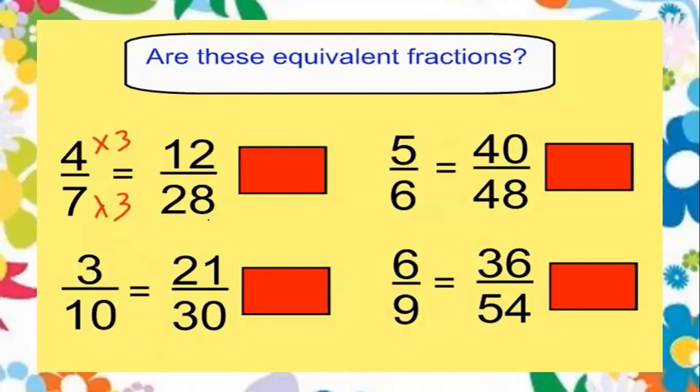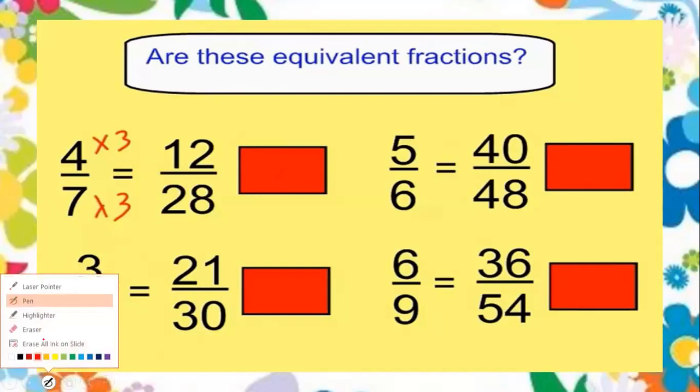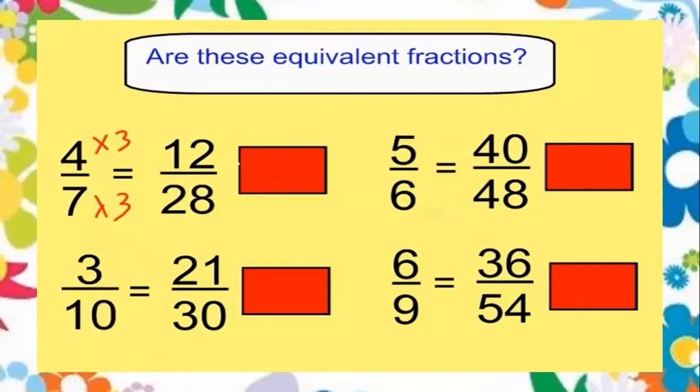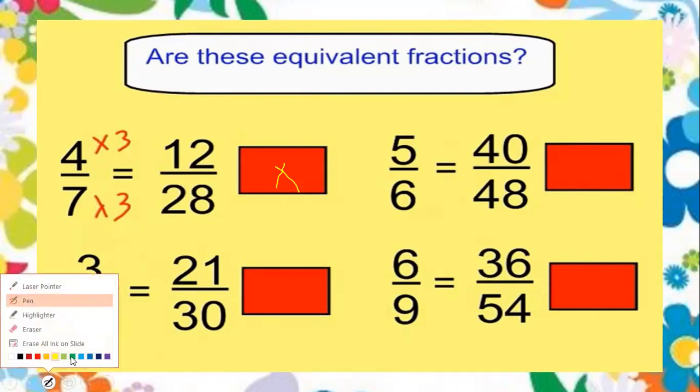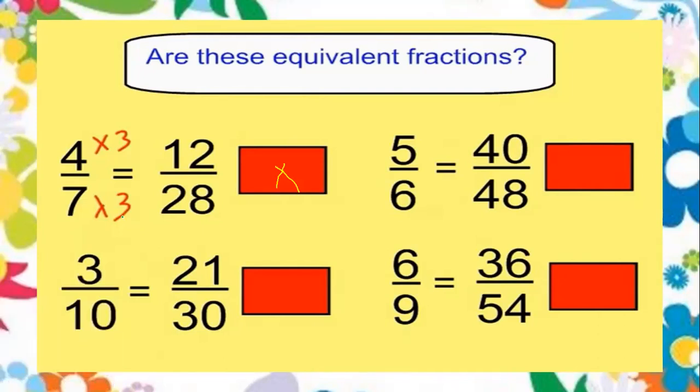So 28 is not the answer. Is it the equivalent fraction? Tell me, beta. No, this is not an equivalent fraction because when we multiply 7 by 3, we get the answer 21, and here they have given us 28. So it is not an equivalent fraction.